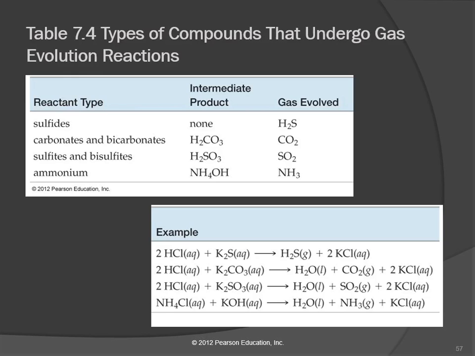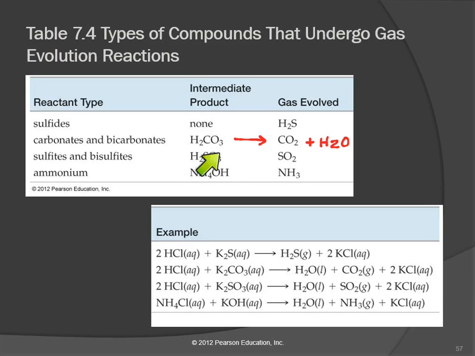So this, I think, looks all very random, doesn't it? How are we supposed to remember that? Well, let's look at this. This carbonic acid decomposes into CO2 plus H2O. So look at that formula. If I pull out the H2 and one of the O's, what do I have left?